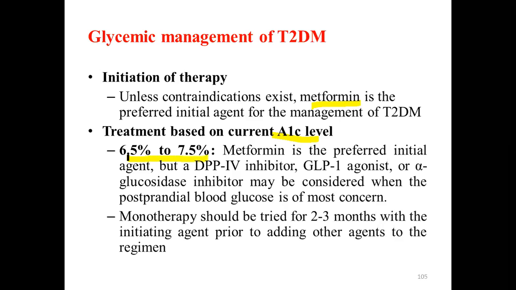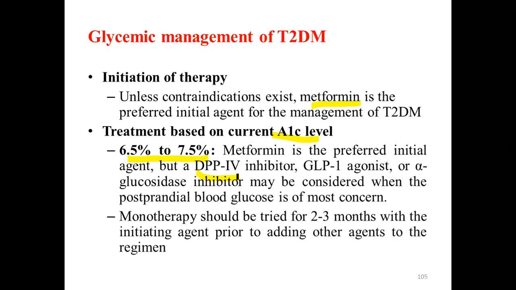So if the glycated hemoglobin level is between 6.5 and 7.5, metformin is preferred, but we can also use a DPP-4 inhibitor, GLP-1 agonists, and even an alpha-glucosidase inhibitor. At this level, monotherapy is sufficient to control the blood sugar level.